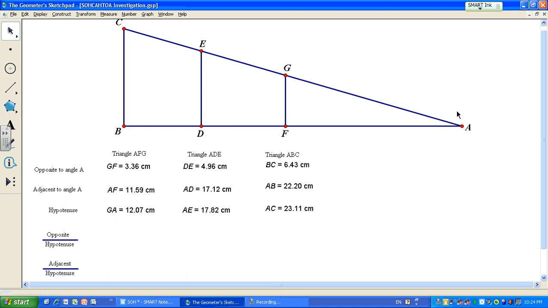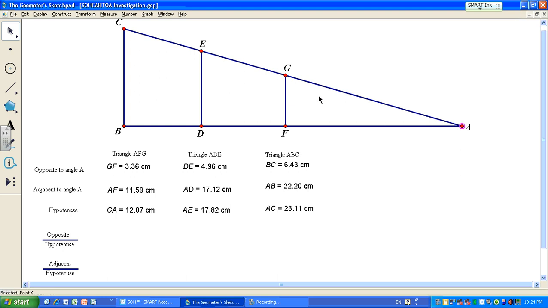This is angle A. And in each of the triangles, I am going to measure the opposite side over the hypotenuse. That's what I want right now. So let's see. In triangle AFG, the smallest one, let's see what is opposite to angle A. Angle A is right here again.